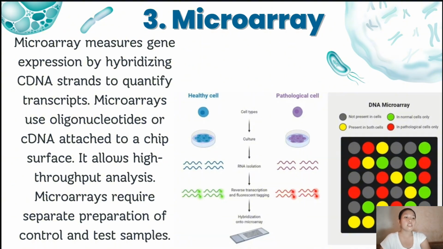Green means it is in normal cells only, and red means that it is present only in the pathological cells. Now, doctors can use microarrays on a tumor biopsy to see which genes are overactive, helping them determine exactly what type of cancer it is and which drug will work best.